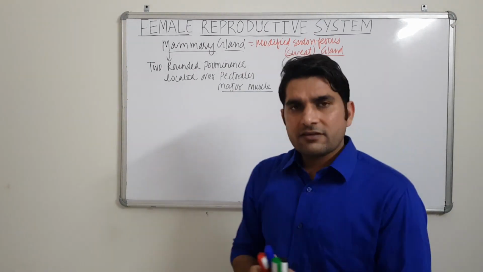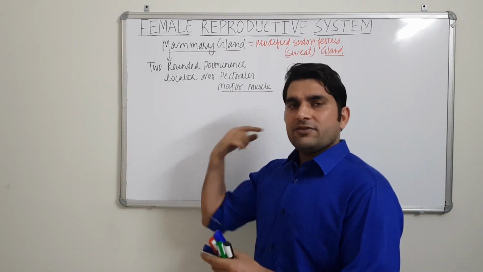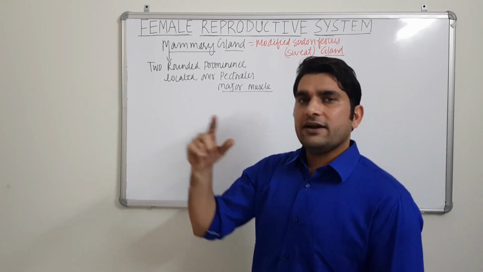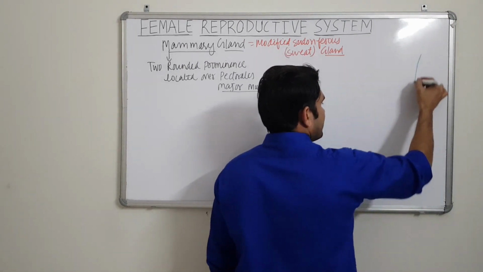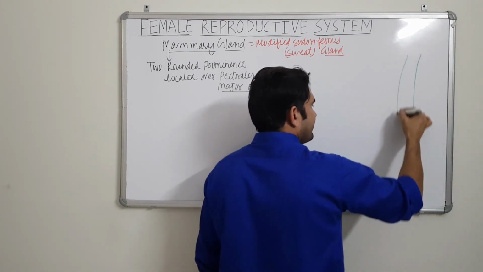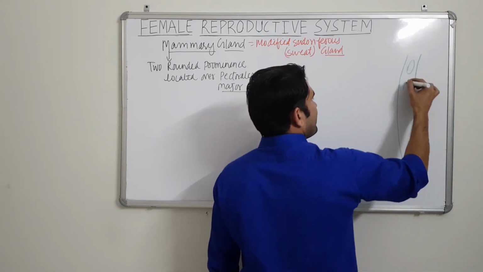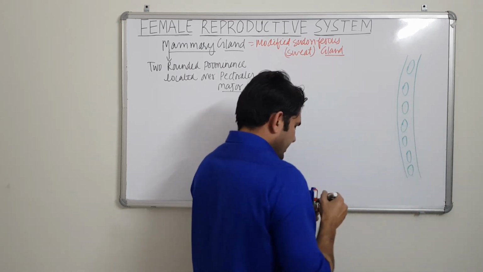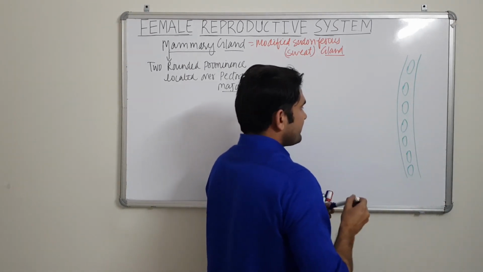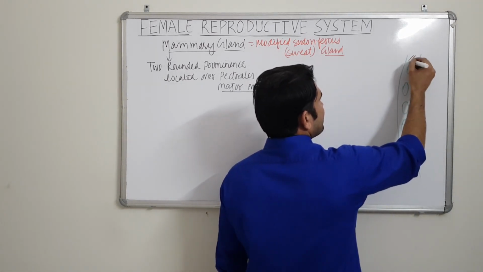So the female is standing like this, and I will be starting the diagram from the dorsal side and coming to the anterior side. On the dorsal side, let's say these are the ribs which are present like this. No fun in telling the number of ribs here. And the special muscles which are present between ribs, what is the name of these muscles?